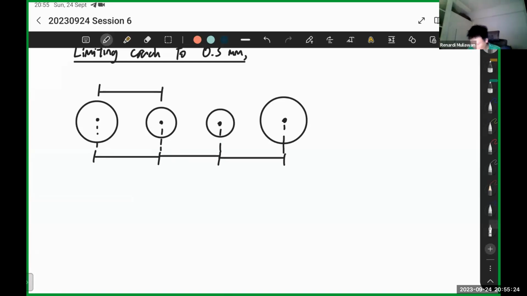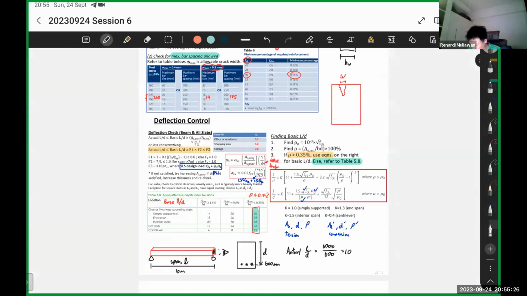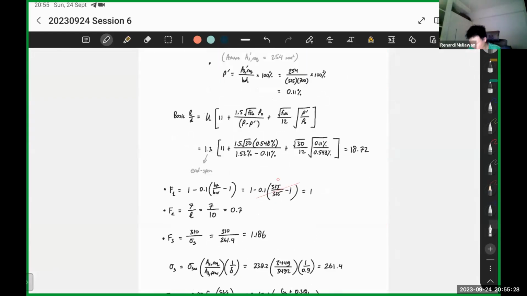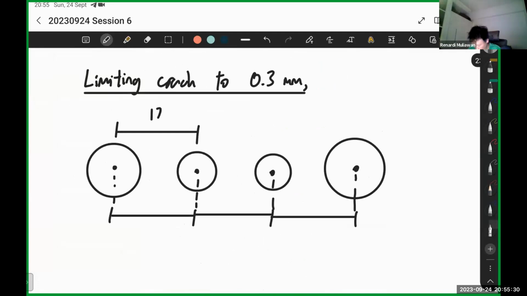The limit just now is 175. It basically questions whether you can fit the steel bars.